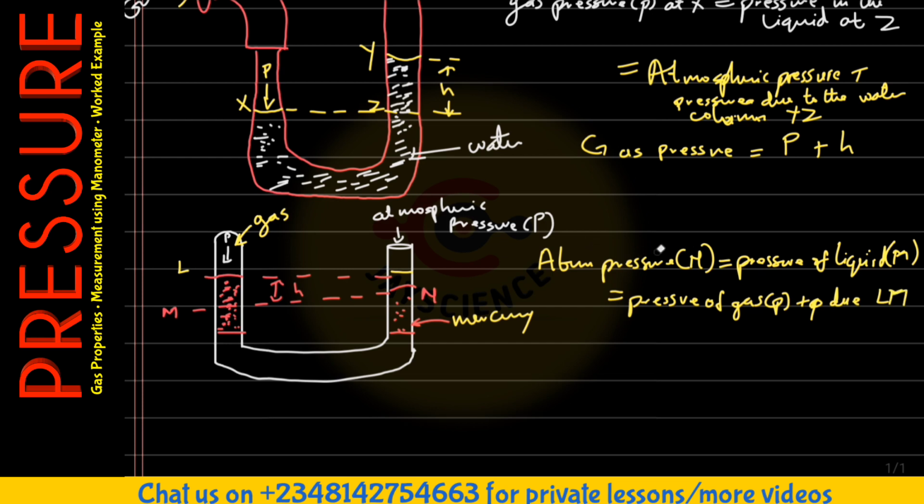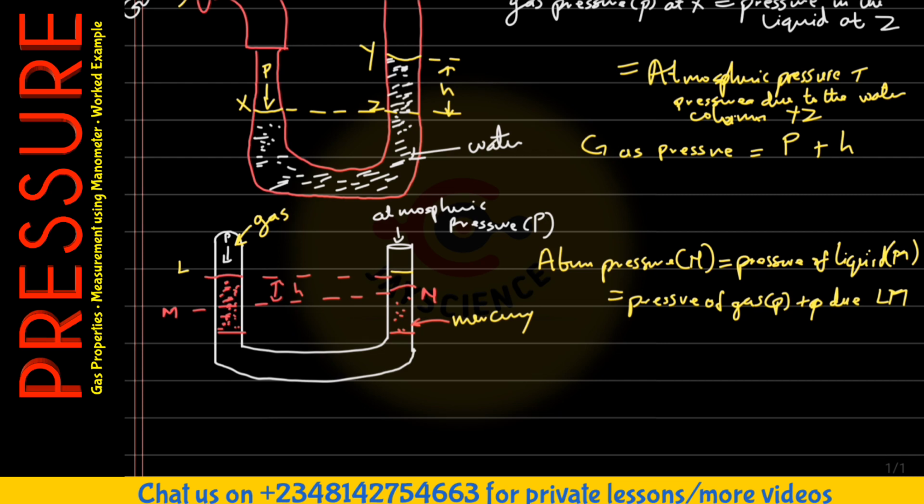The atmospheric pressure at n, we said, is equal to that at m. That means if you expand the equation, you have the pressure of gas at this point plus the pressure due to the mercury column, that's Ln. If you trace it here, you have L here, you have M here. Sorry, this line is not too straight. So that's the pressure of the liquid.